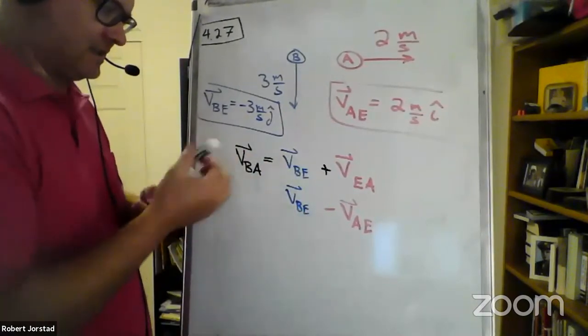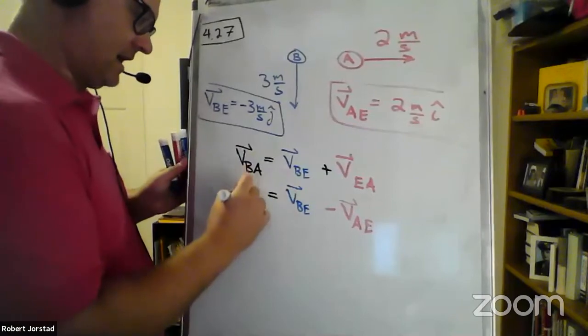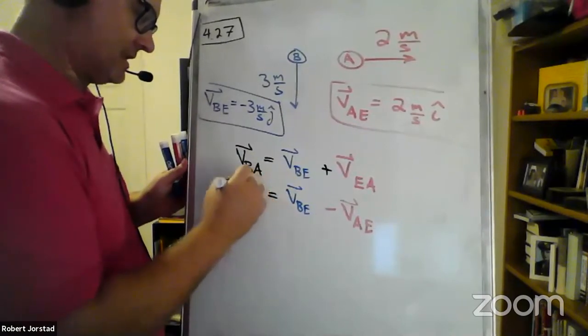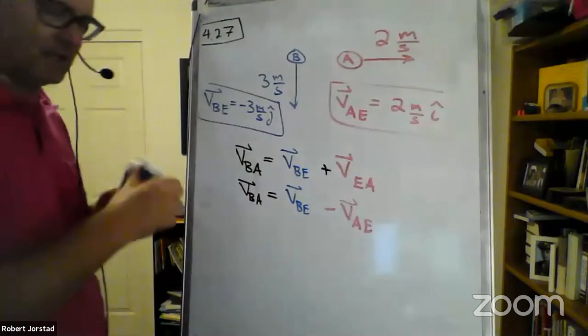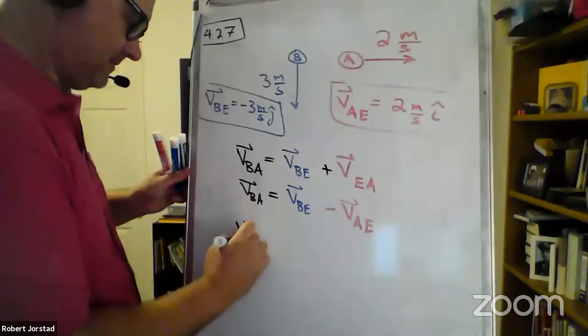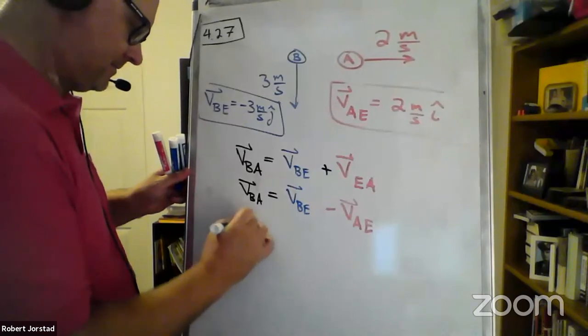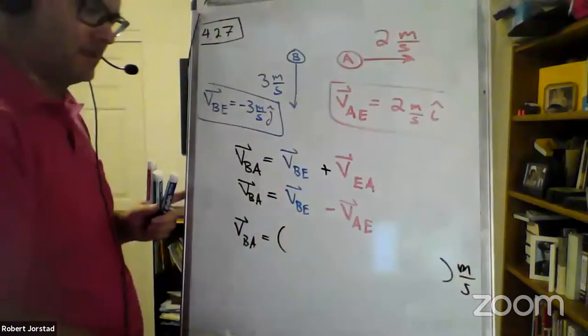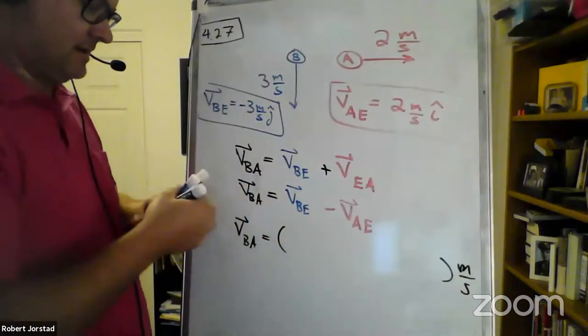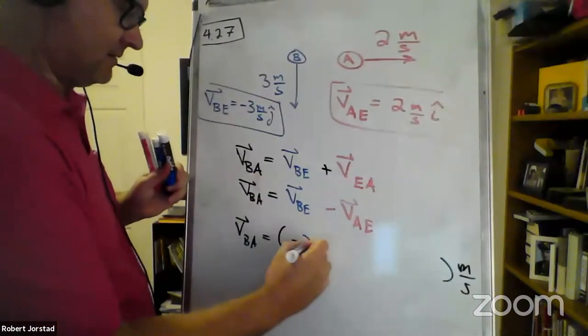And let's just see how this differs, okay? And again, I'm trying to layer up the complexity. So you're probably thinking this is not that much different. There's one thing different. I know there's going to be meters per second on everything, so I'll factor that out. BE is -3 in the j hat.